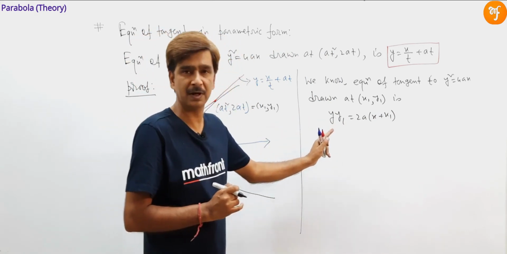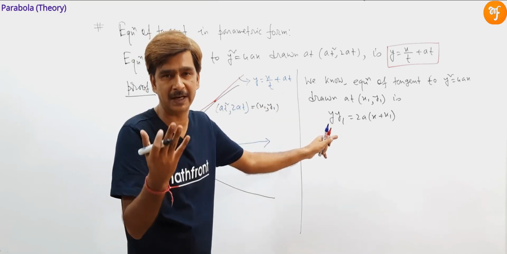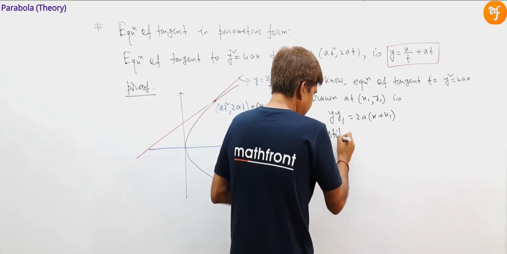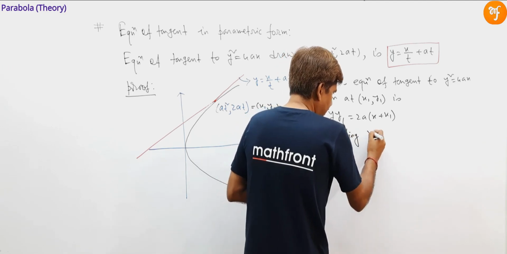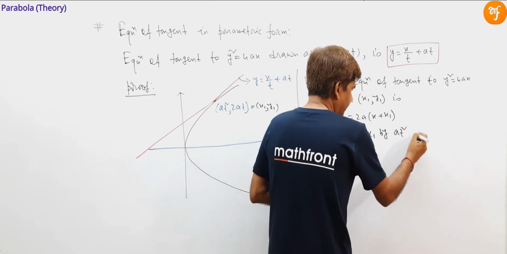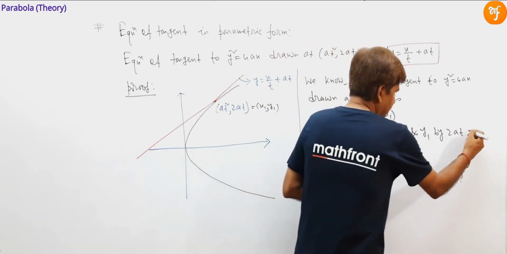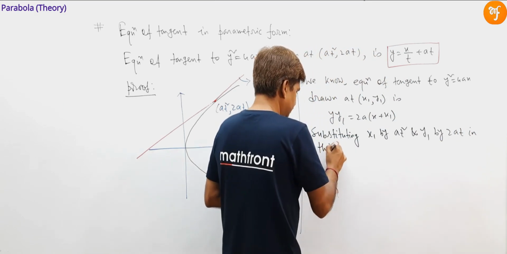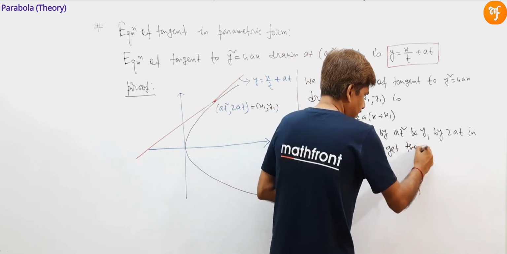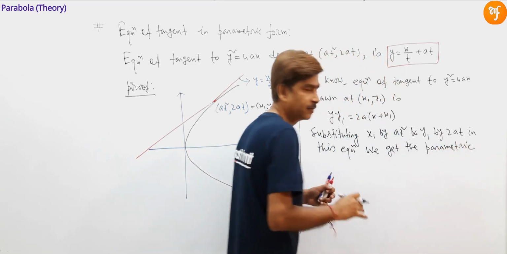Now if we substitute x1 by 80 square and y1 by 280 in this equation, we will get the equation of the tangent in parametric form.